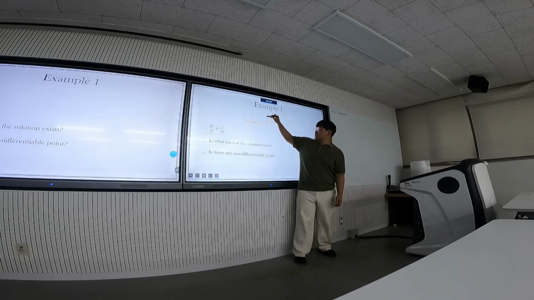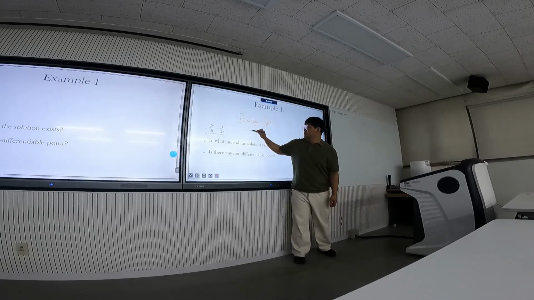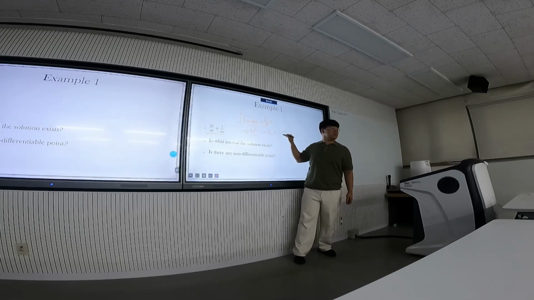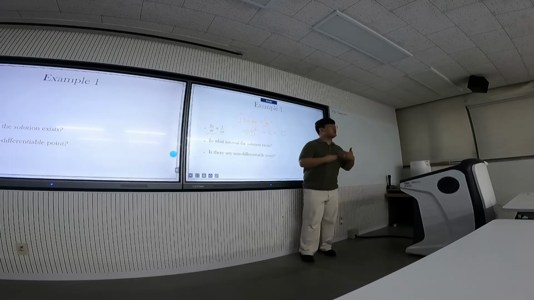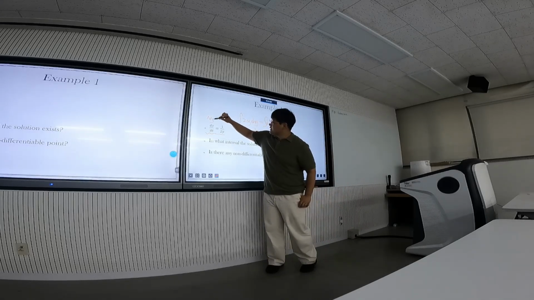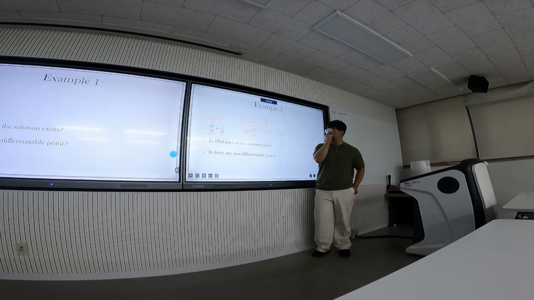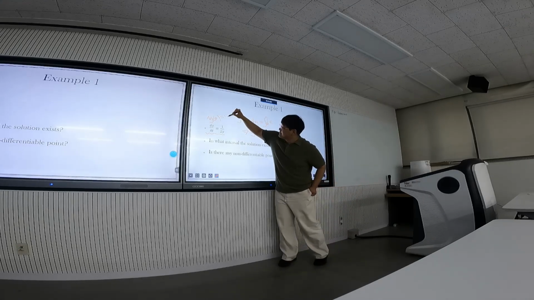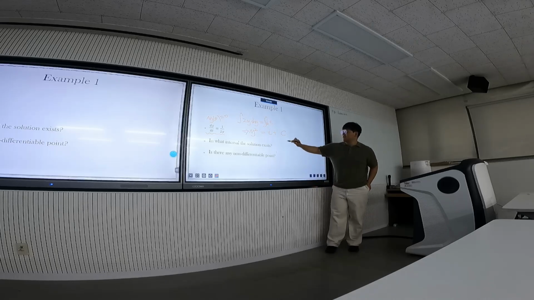And you can integrate each side: y squared equals t plus c. And if someone gives you an initial value, like y(0) is, let's go with 0, then you can get y squared is t, and y is plus or minus the square root of t.